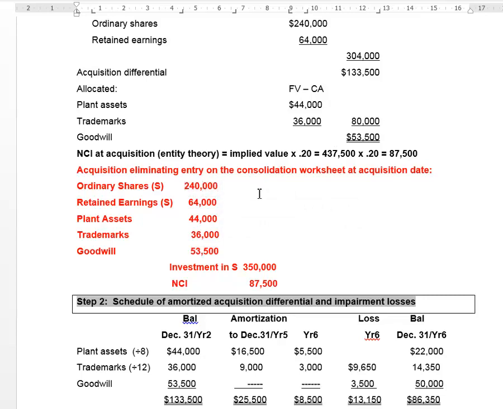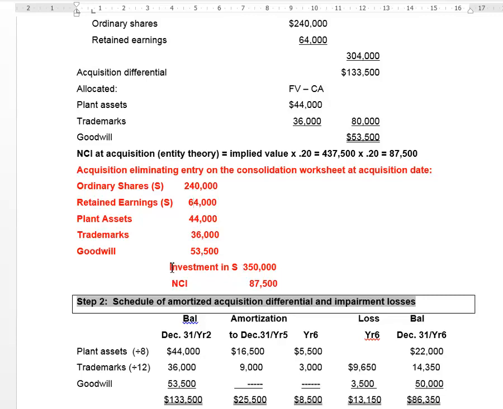We only want to pick up the ordinary shares of the parent, because we're doing consolidated statements for the parent, and the parent shareholders only want to see the ordinary shares and the retained earnings of the parent at acquisition. They don't want to see the retained earnings and the ordinary shares of the sub.